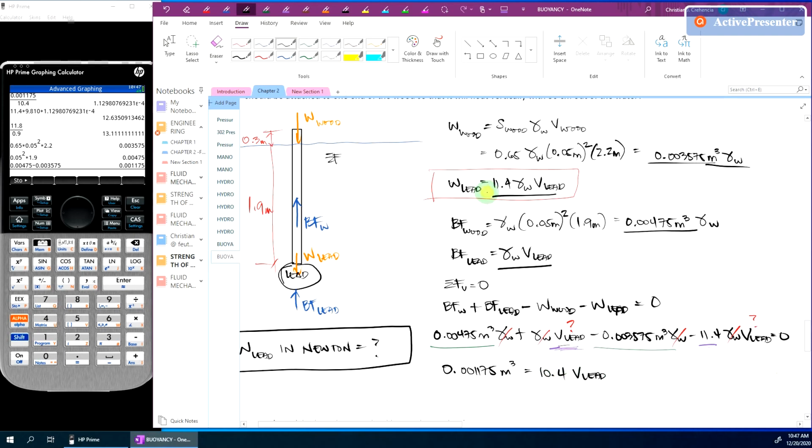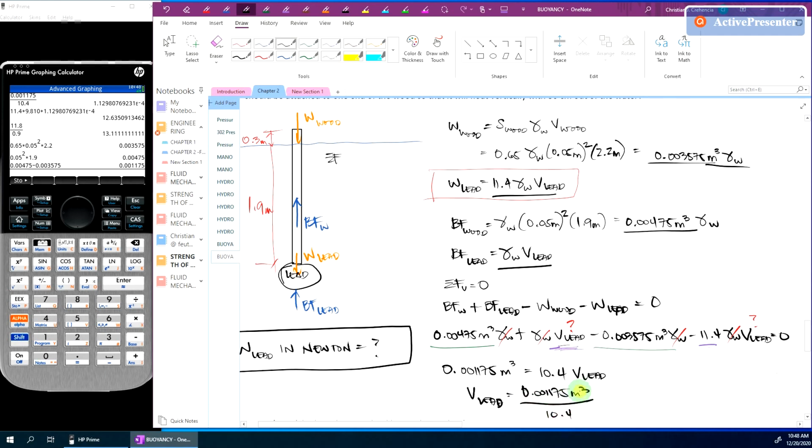So, may unit pa ba itong 10.4? So, kung titingnan natin dito, yung 11.4 is nanggaling sa specific gravity, which has no unit. Okay? So, dito naman, wala din kasi ang unit natin is nasa specific weight ng water and nandun sa volume ng lead, which is invariable. So, yung 1 dito is wala ding unit. Okay? So, if we solve for the volume of lead, ang may unit is etong nasa left side ng equation, 0.001175 cubic meter divided by 10.4.